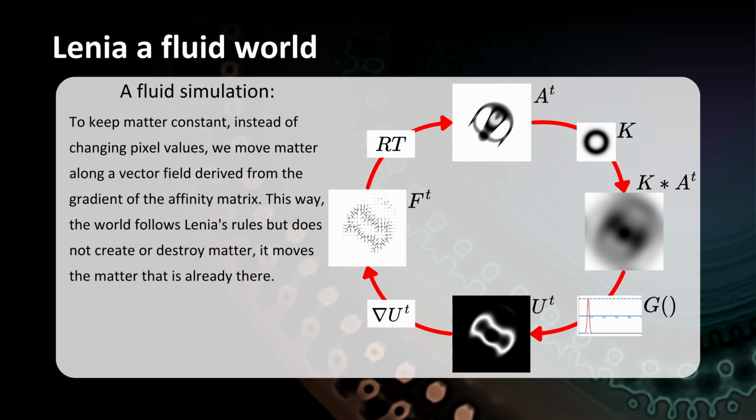Instead of using the affinity matrix to change pixel values, its gradient is used to derive a vector field that moves the existing matter using our integration tracking algorithm. In this way, the pixels that have the neighborhood analysis selected by the growth function don't change their values directly, but they attract matter from around them.